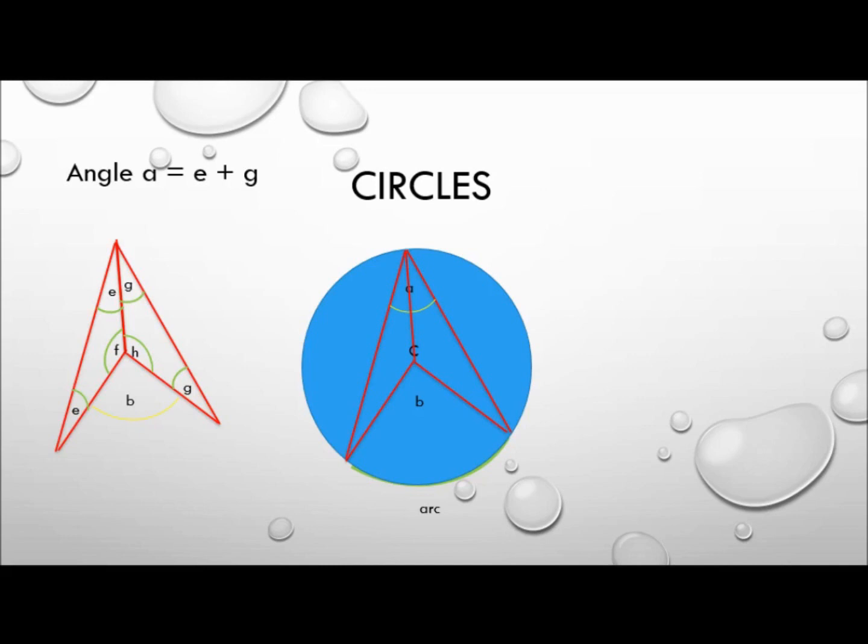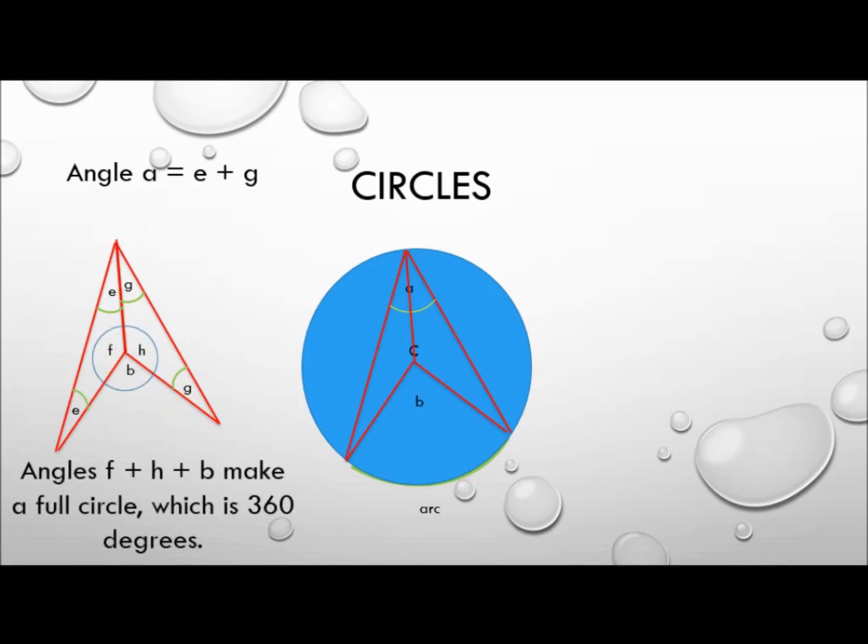Now angle A is equal to E plus G, and angles F, H and B, when added together, make a full circle, which of course is 360 degrees.